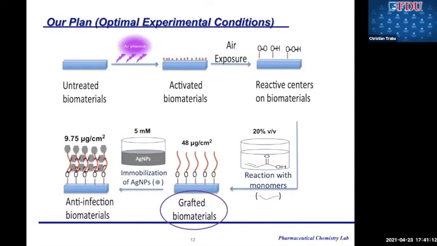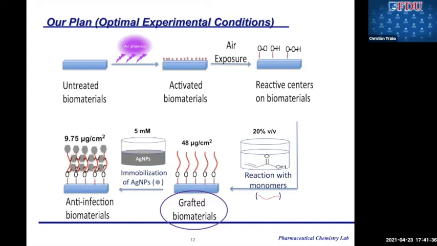In the final step of the fabrication process, silver nanoparticles are immobilized onto the surfaces, creating anti-infection biopolymers. And this is done by immersing our samples into 2 mLs of 5 millimolar stock solutions of our silver nanoparticles for 30 minutes.